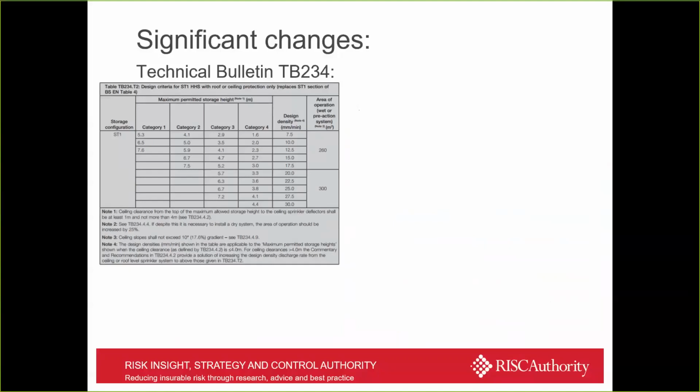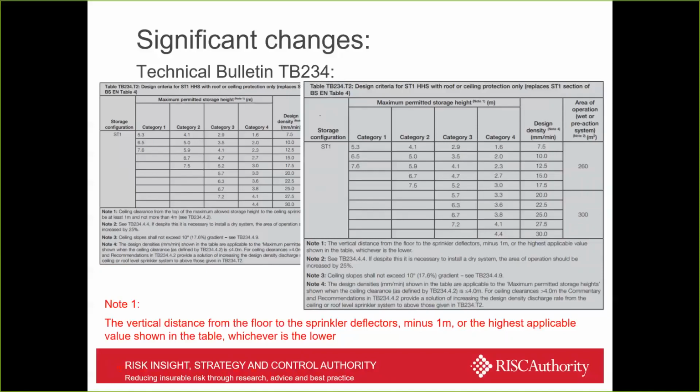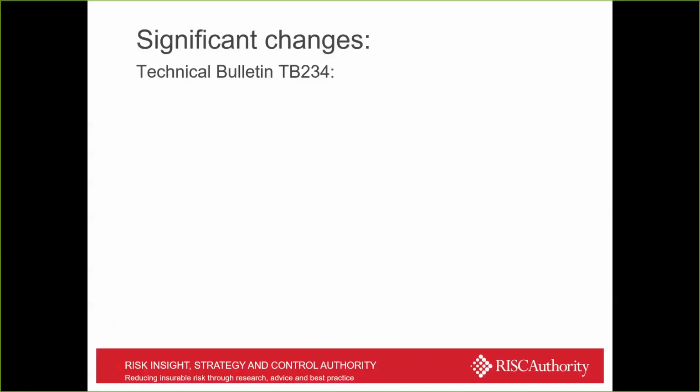But you can see there, if you got to a density that was either 20 millimetres a minute or above, you can see that the table's showing you a fire area of 300 square metres there. That's not required just for this density increase due to the ceiling clearance. You'd stick with your 260 square metres. So hopefully that's a little clearer.